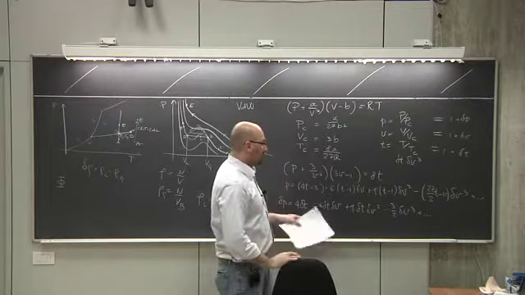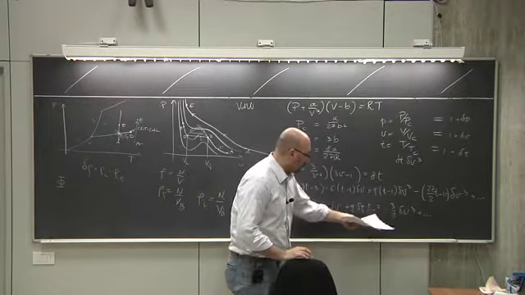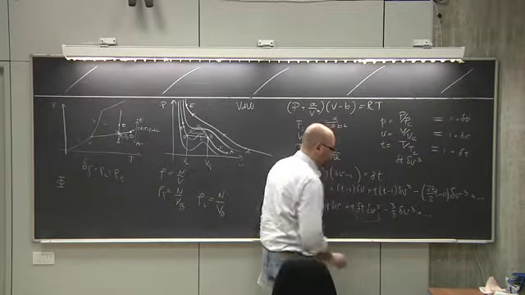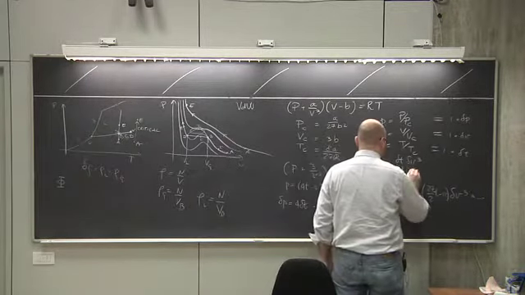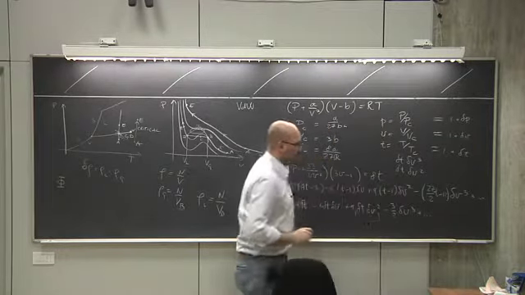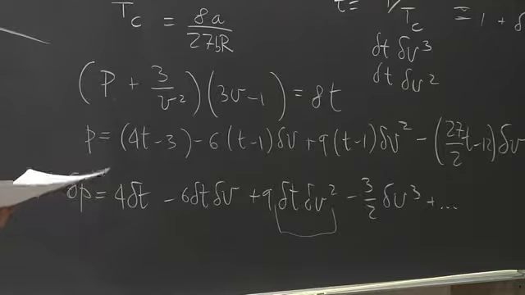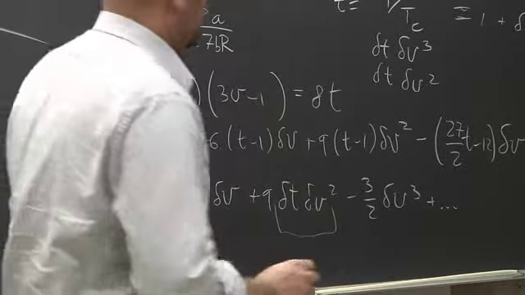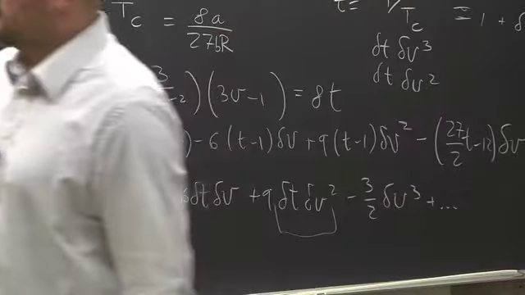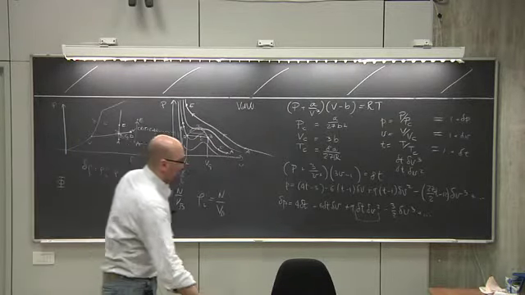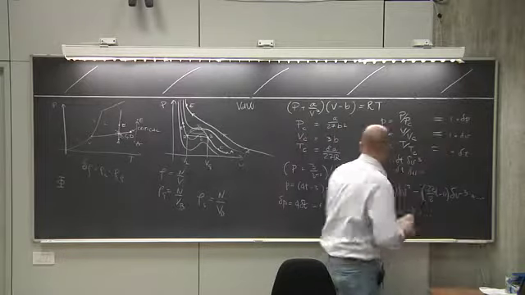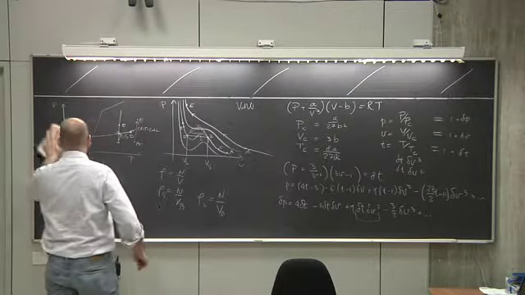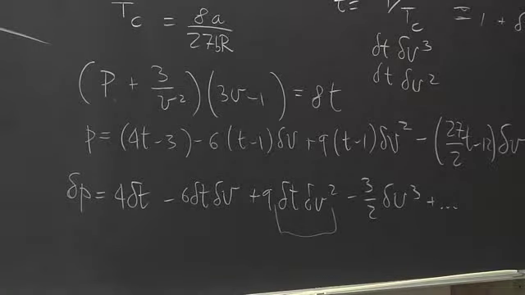So why is this? Also let me show you that we can neglect this term here. We can neglect delta t delta v squared. Why is this? Because I will show you that the relevant region where things happen is where delta v is of order delta t to the 1/2.